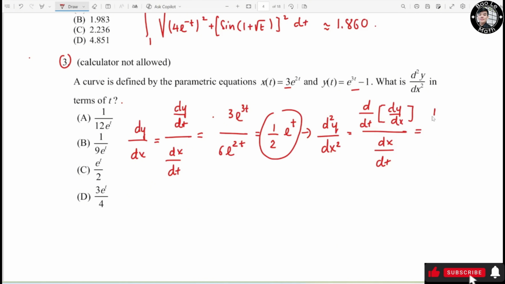So we have 1 over 2e to the t divided by the derivative of s with respect to t, which is going to be 6e to the 2t, right? Now we're going to simplify this one. It's actually 1 over 12e to the t, right? So the answer must be A.